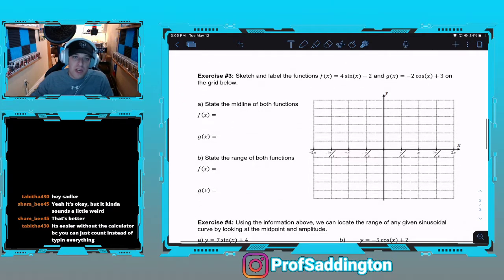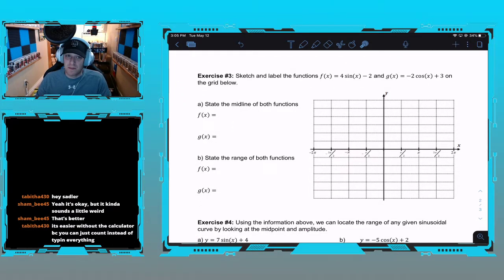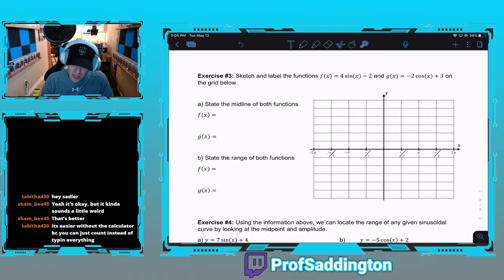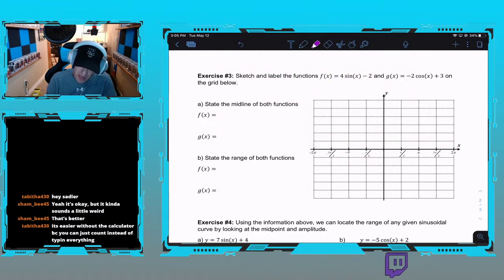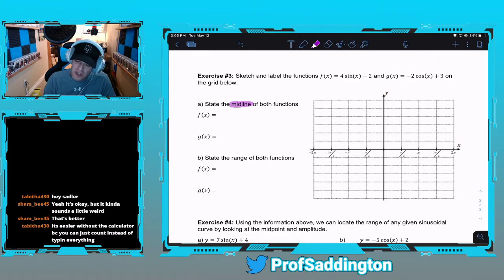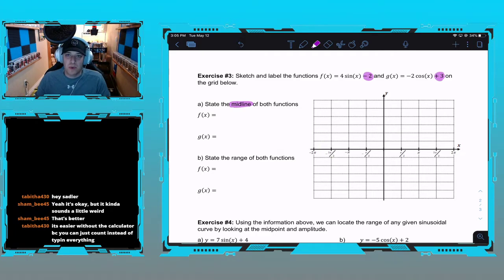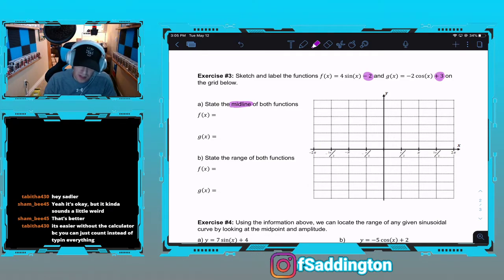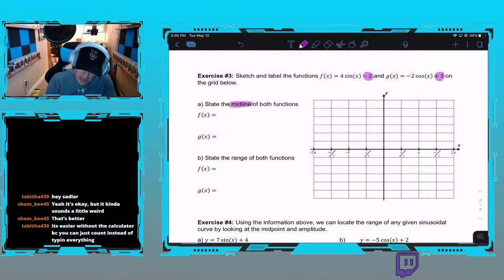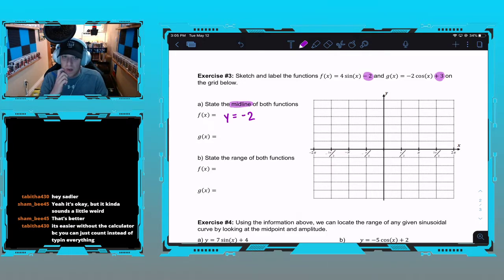We don't have to graph anything because what I want you guys to recognize is anytime we have a midline, the midline is just whatever number you are adding or subtracting on the outside of the parentheses. So if we were to do f of x, the midline would be at y equals -2. So that would be the midline for that function.